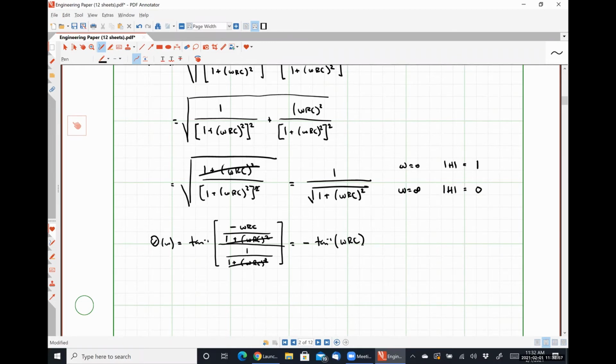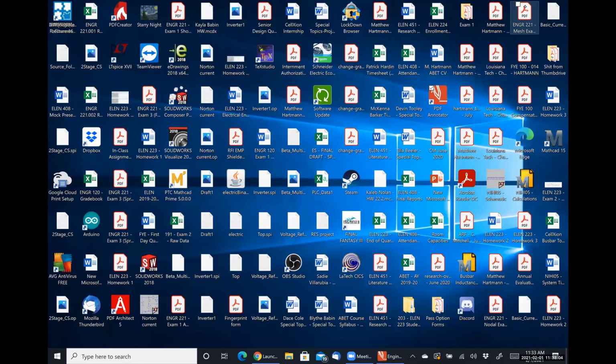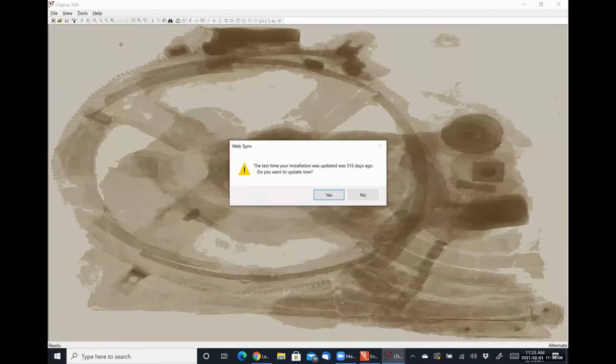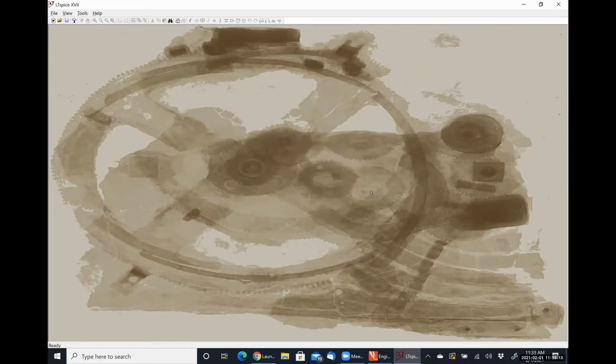So let's take a quick moment and simulate a circuit in LT Spice. I want to show you what these are going to look like. Let me get my mouse out.